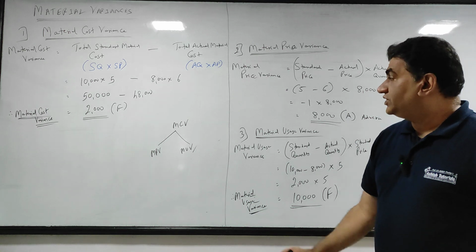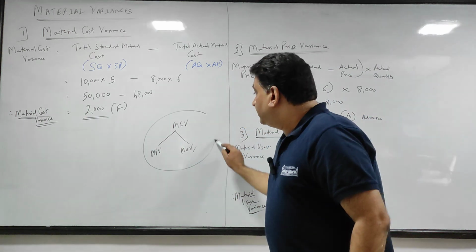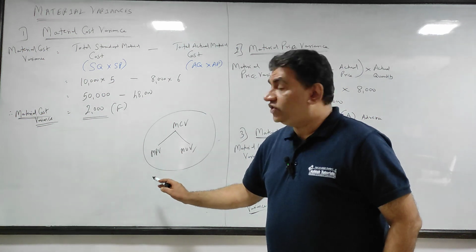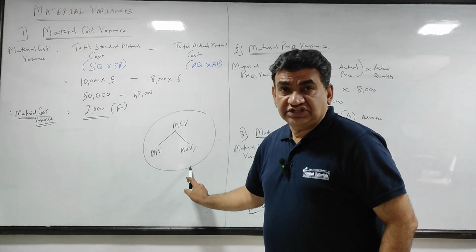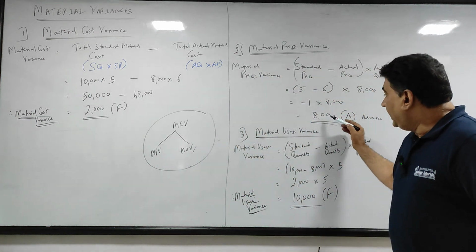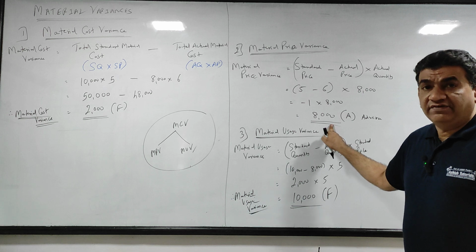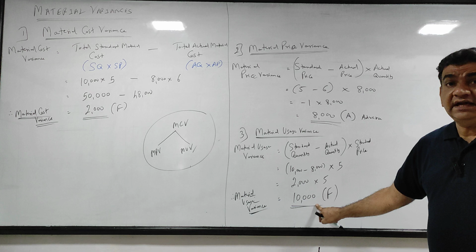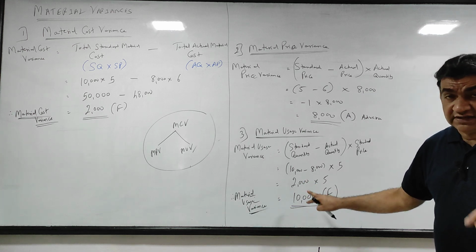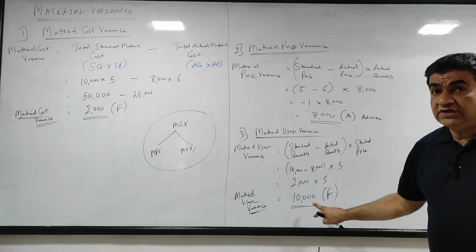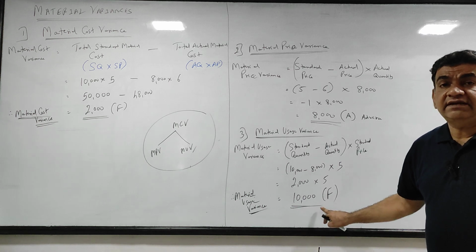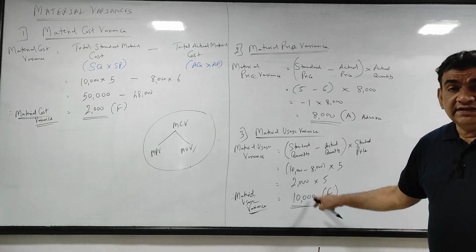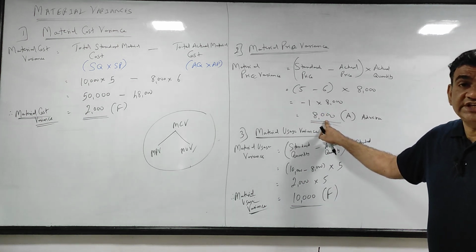Now guys, focus here. What I told you: material cost variance, analyze further into price and usage. 8,000 I lost, adverse, because of change in price. Here 10,000 favorable. Because of change in quantity, I saved 10,000. I saved 10,000 due to change in quantity. I lost 8,000 due to change in price.